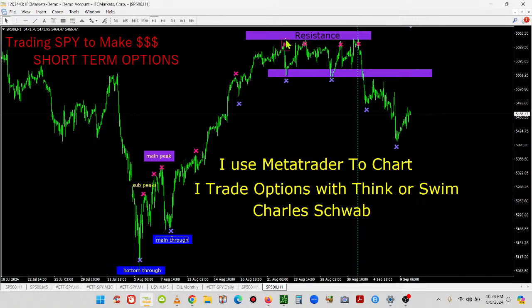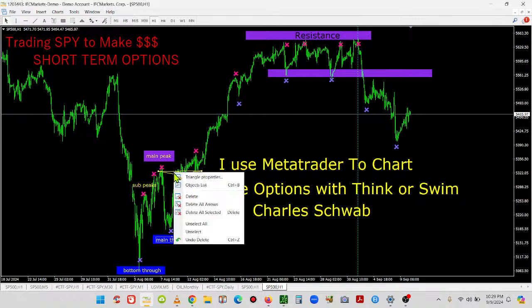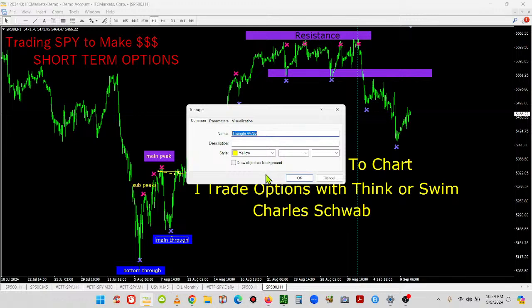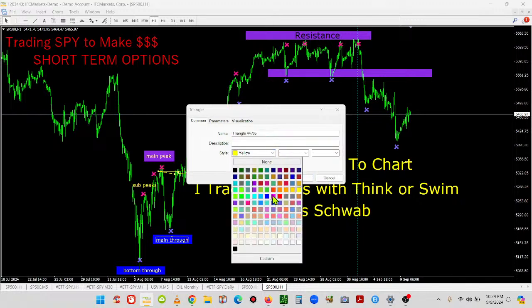The answer is these peaks. So this is a main peak right here. But let's see if we try this. We have a situation where we ran into some resistance right there. Am I correct?